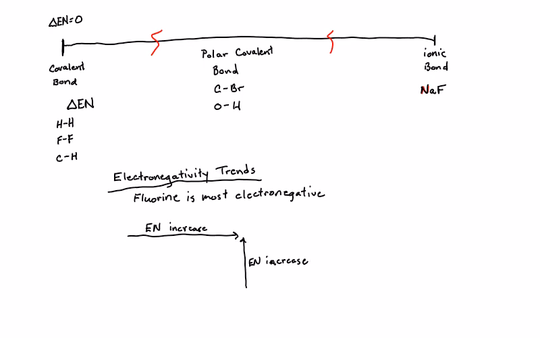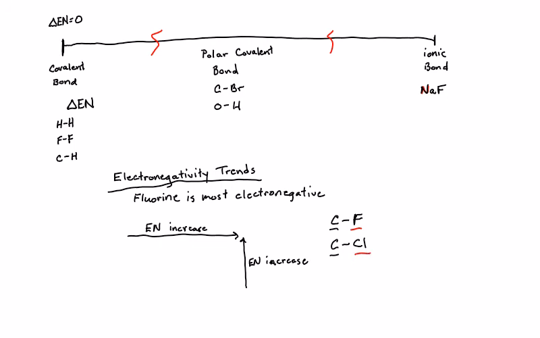Okay, so if you look at some relative positions of elements on the periodic table, say you were trying to compare a bond between carbon and fluorine versus a bond between carbon and chlorine. In both cases we have our carbon, right? The difference between the two bonds is the fluorine and the chlorine.